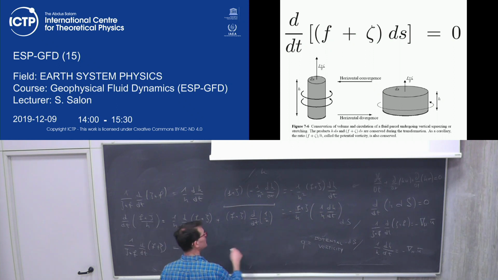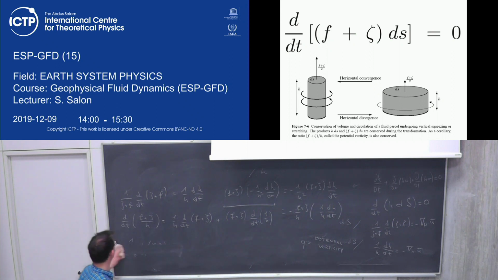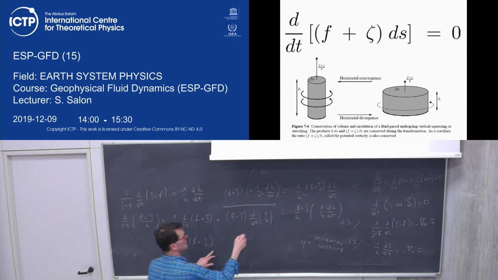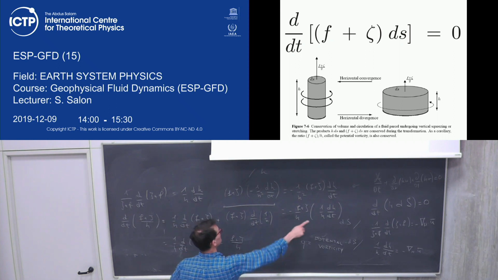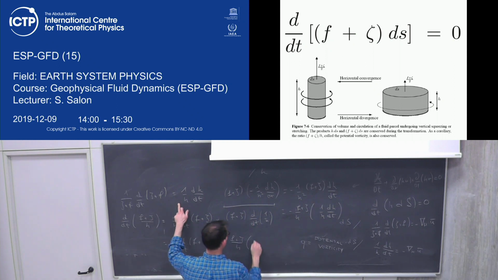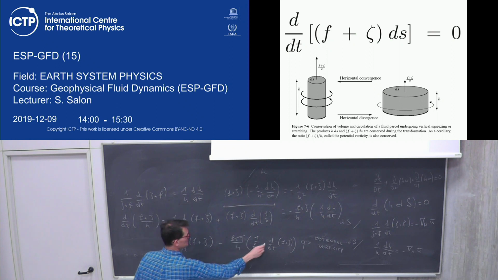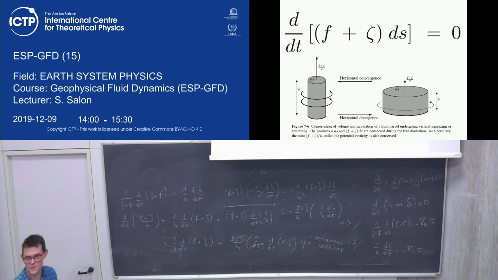Ah yes, sorry, not this one, this one. So I have 1 over h minus this, which is 1.